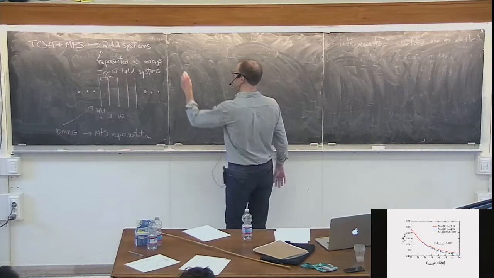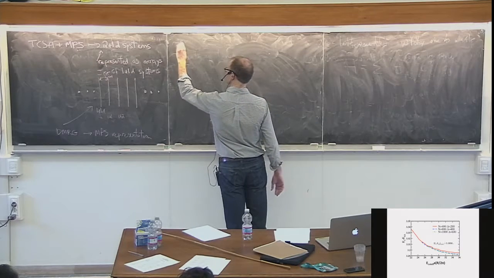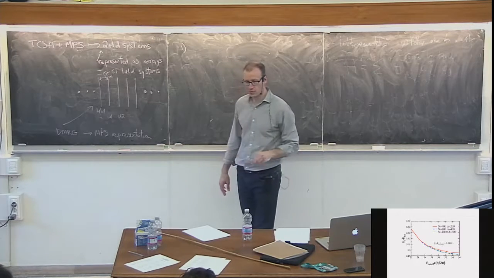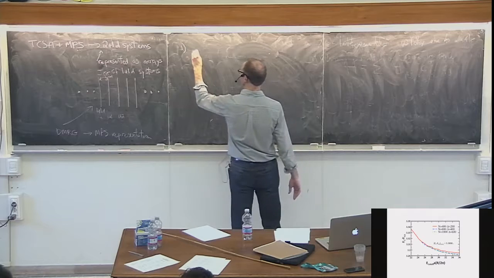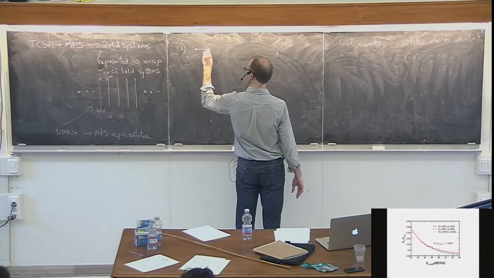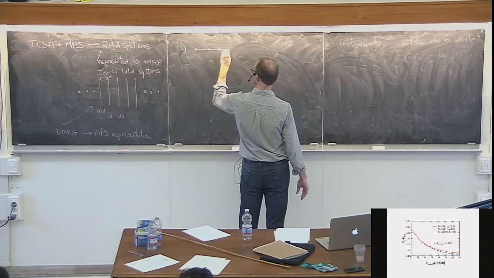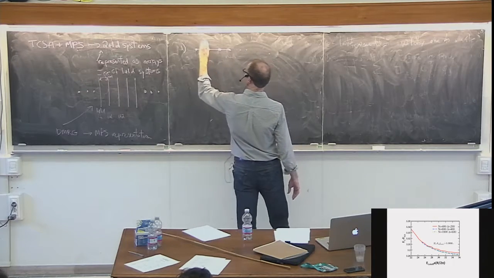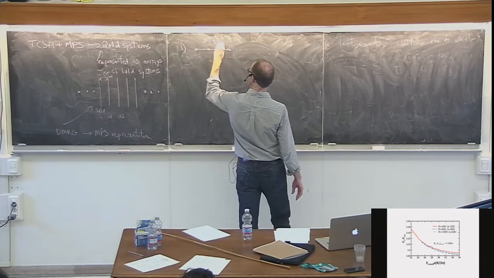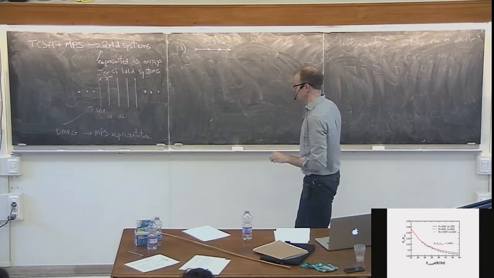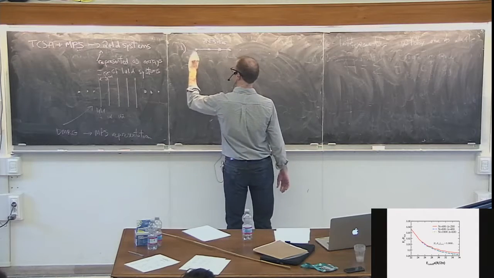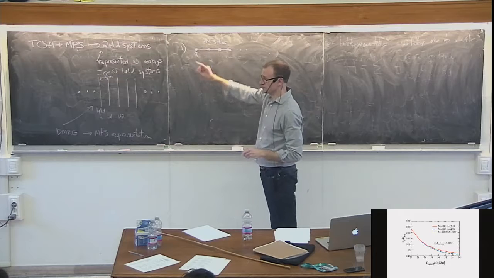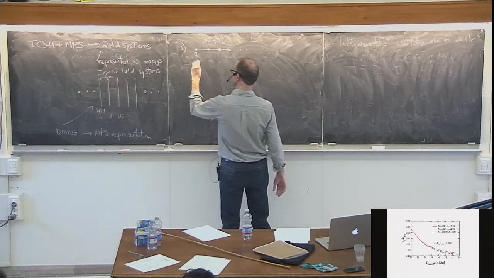So the way to do this would be to consider a general many-body state. Suppose you have some lattice system with n sites, and the number of states on each site is d.